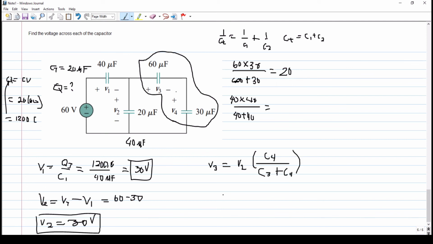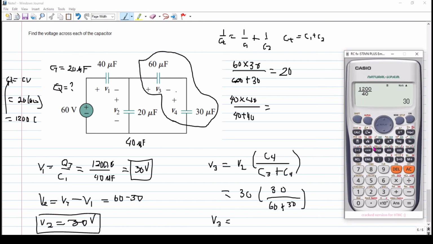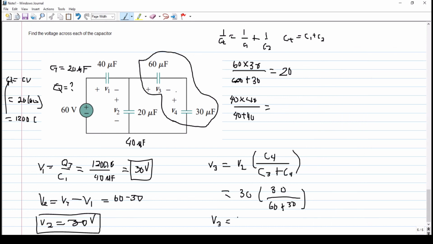Okay. So V2 here is 30 volt. Then C4 here is 30. Then C3 here is 60 plus C4, which is 30. So calculate. And that is the equivalent of V3 is 10 volt.